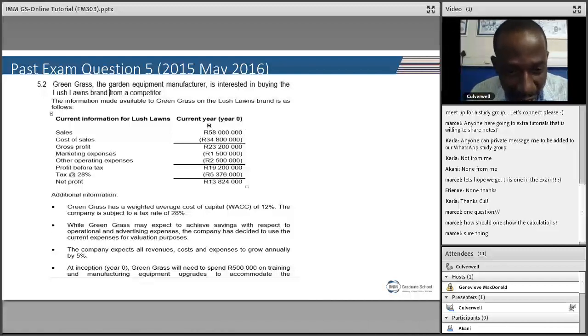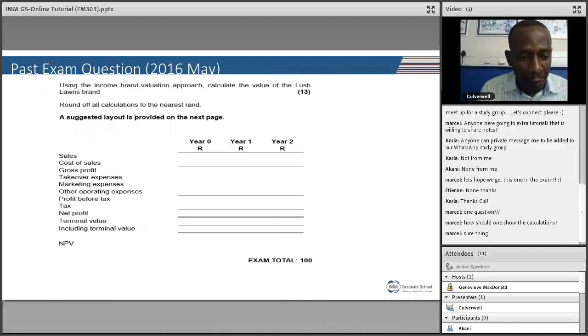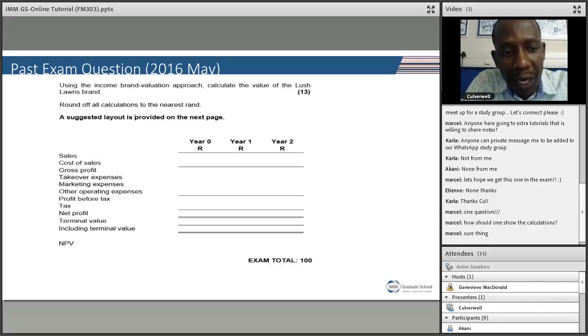Greengrass will need to spend 500,000 on training and manufacturing equipment upgrades, so as to accommodate this acquisition. So on my format, over and above bringing my figures up until gross profit, I'll need to bring my takeover expenses in brackets because it's an expense, 500,000.